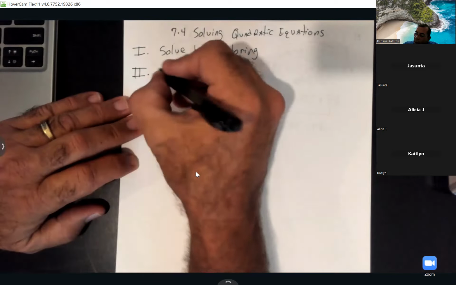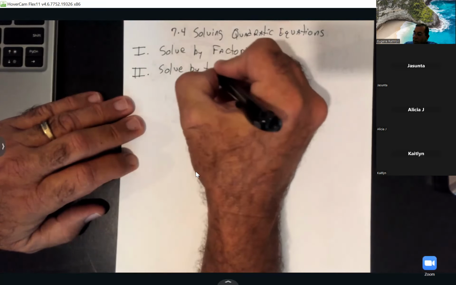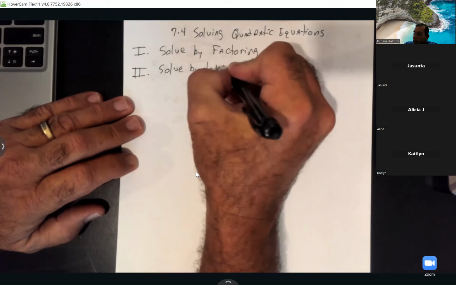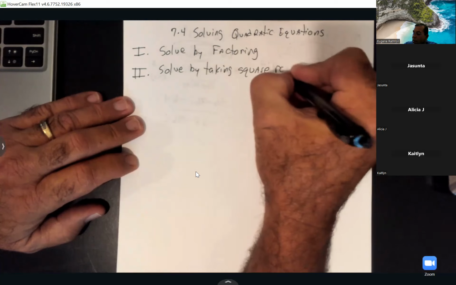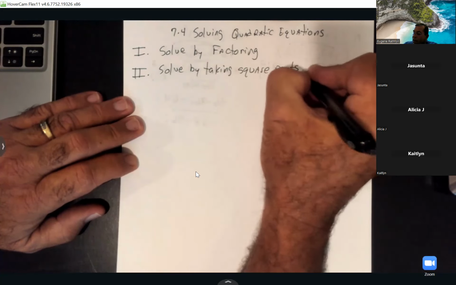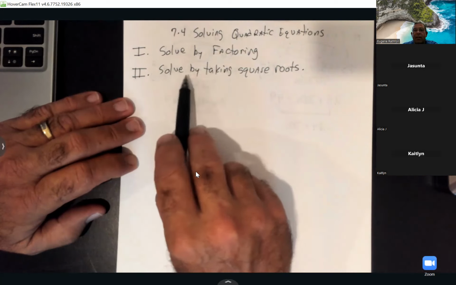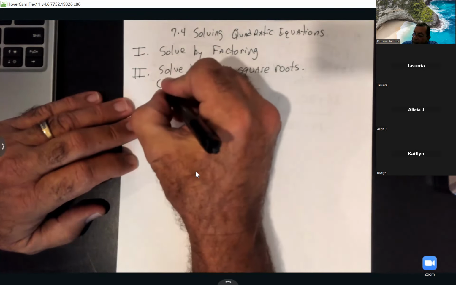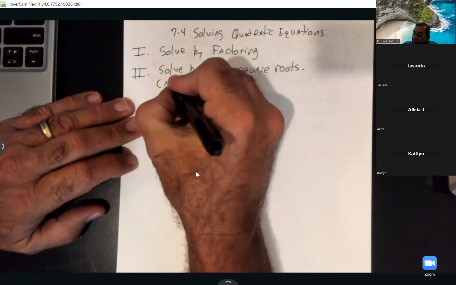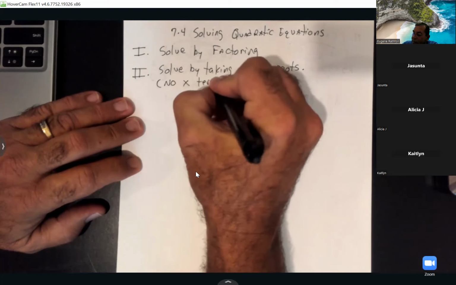Second way, I will solve by taking square roots. And y'all, let me tell you the truth. The only ones that I'm going to solve by taking square roots cannot have an x term in the middle.